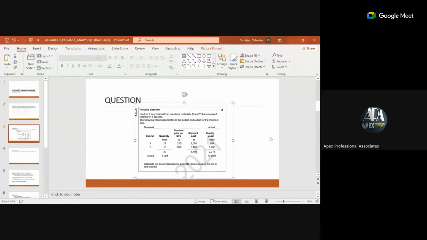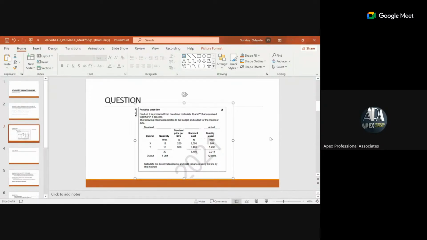So the question said product X is produced from 2 direct materials. Now you have material X and material Y. Remember, I mentioned that once you have more than a single type of material, labor, or output, you normally should do the advanced variance.